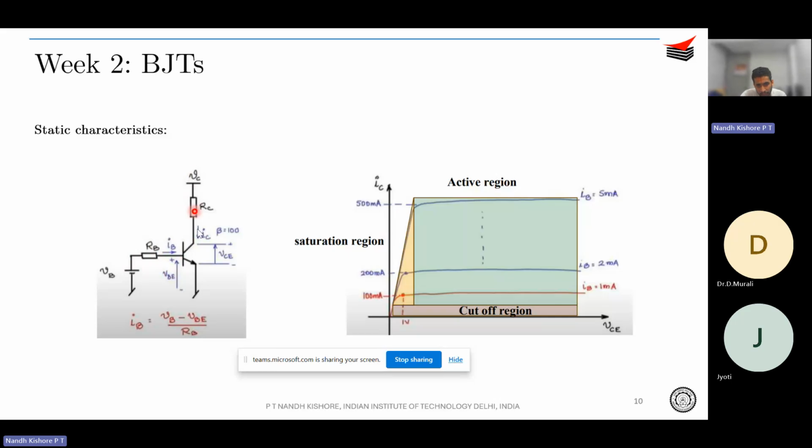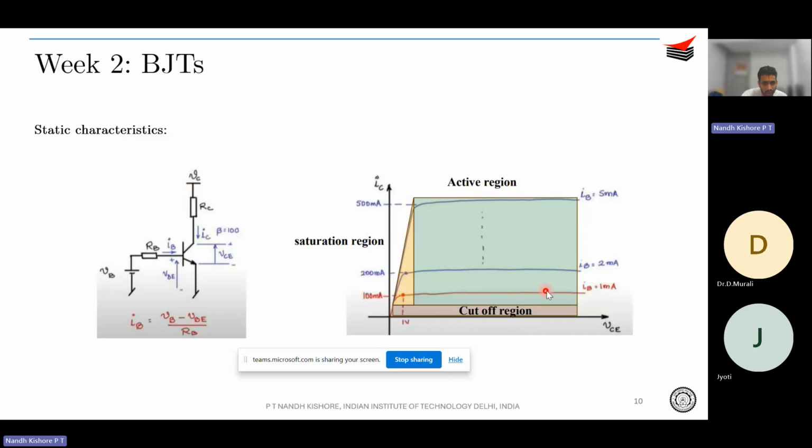Secondly, apply KVL on this output side between collector and emitter: VC minus ICRC minus VCE equals 0. So if you know your load RC, you get VCE. Based on that, you may be in the active region, the saturation region, or the cutoff region. In the cutoff region, of course, the device is off.